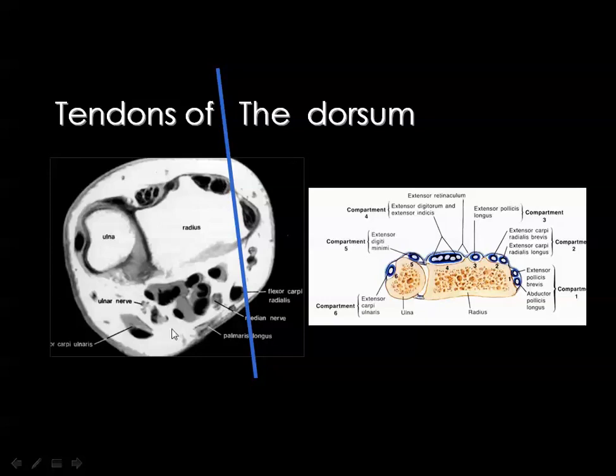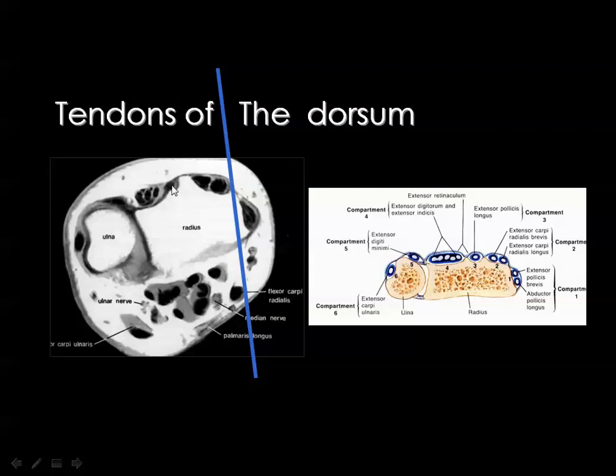And if you have here the flexor digitorum profundus and the superficialis, then you will have the extensor digitorum. Okay, this is good. This is the extensor carpi ulnaris, and this is the extensor carpi radialis, and this is the extensor digitorum. Then you remember, this is the median nerve, and this is the flexor pollicis longus.